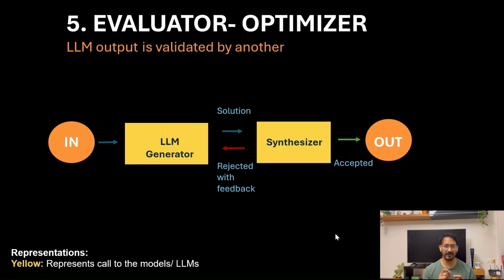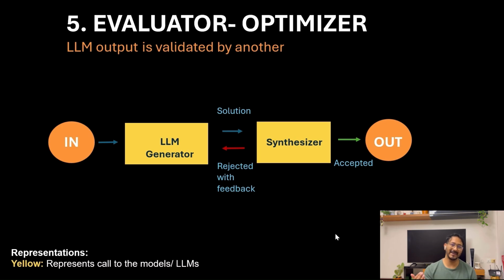Here there are some arrows. One is a solution. So the output of the generator moves to the synthesizer, and then it looks into whether, based on the prompts that we have passed, the output matches the context of the synthesizer's work.